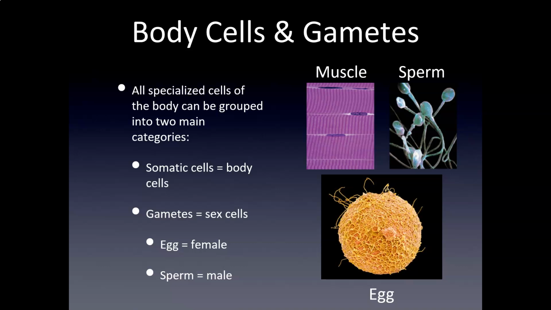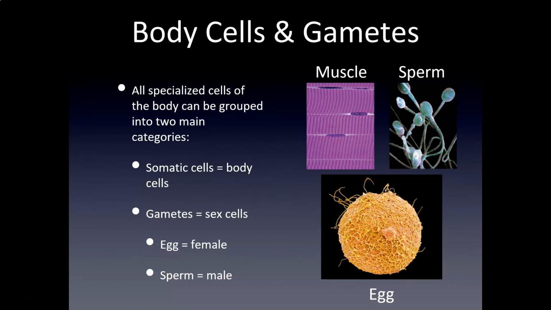The other category is a very specialized small subset of cells that exists in our body, and those are your gametes or your sex cells. Pretty much anything that isn't an egg or a sperm falls into that somatic cell category.